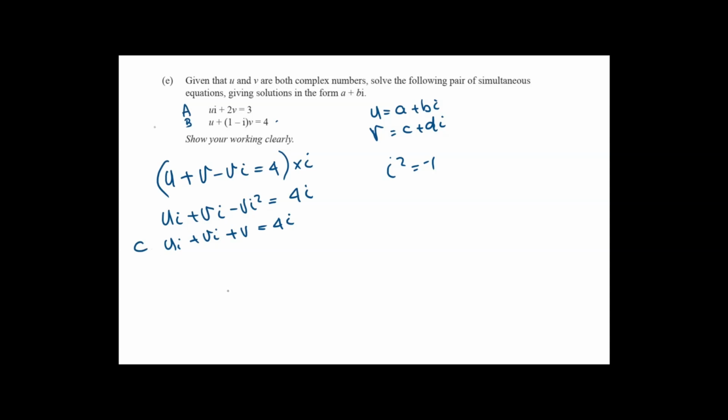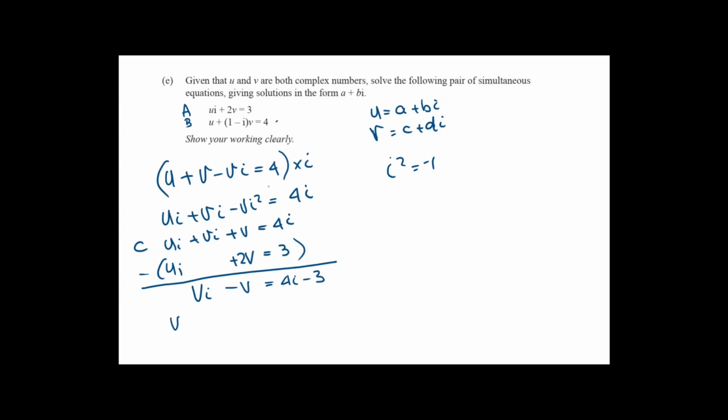From that, I'm going to subtract the first one, because it has this Ui business. Minus Ui plus 2V equals 3. I'm going to subtract all of this. I'm going to get Vi minus V equals 4i minus 3.